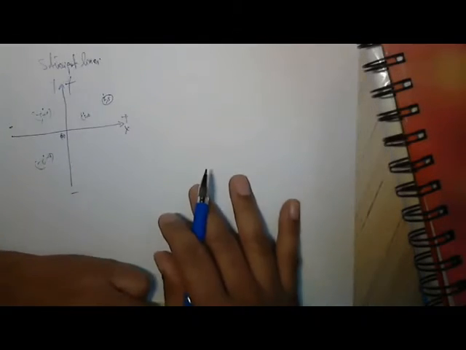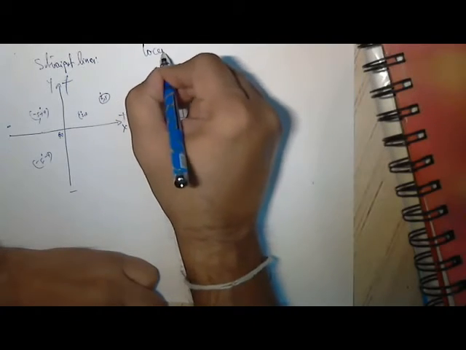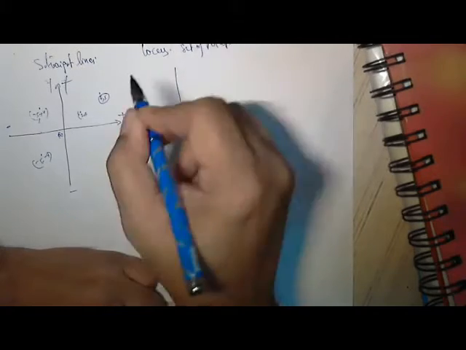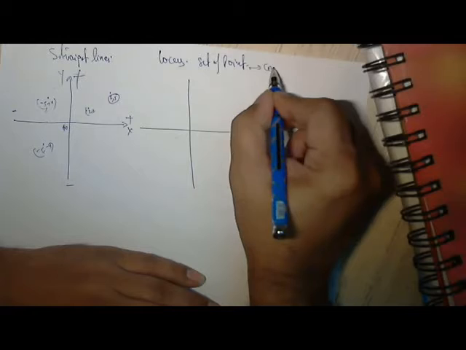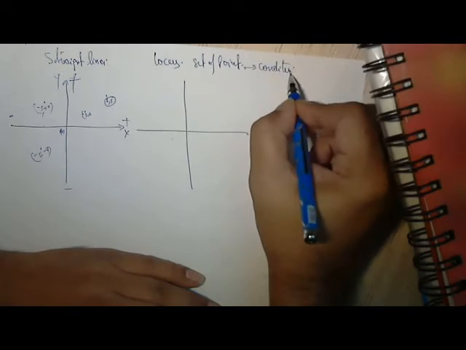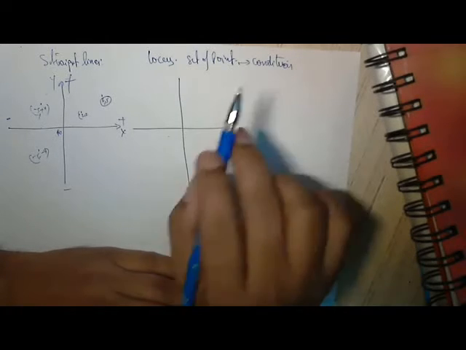Now let us see the locus. Locus is a set of points that satisfy a condition. Let us say I want a condition that y is 4 irrespective of x.